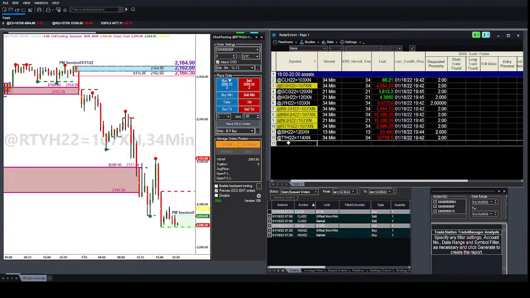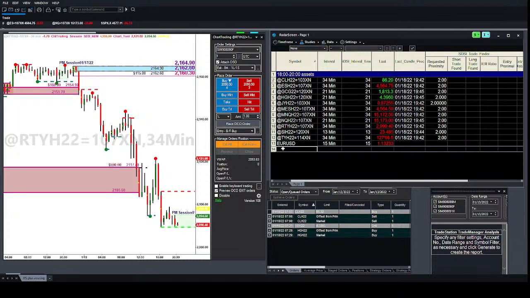So is it EURUSD? That's the Forex contract, right? Yeah. So would that be a good one to give a shot? Might be worth looking at.